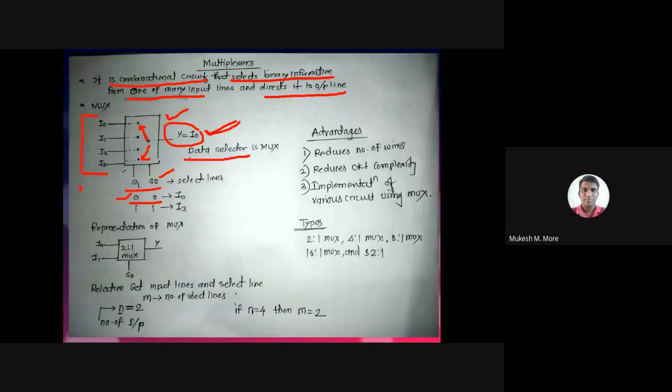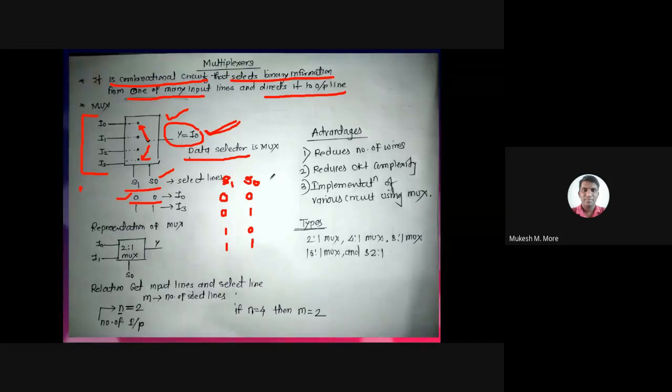Now if we have two select lines, S0 and S1, then there are four possibilities: 0 0, 0 1, 1 0 and 1 1. Consider one bit as S0 and the other as S1.